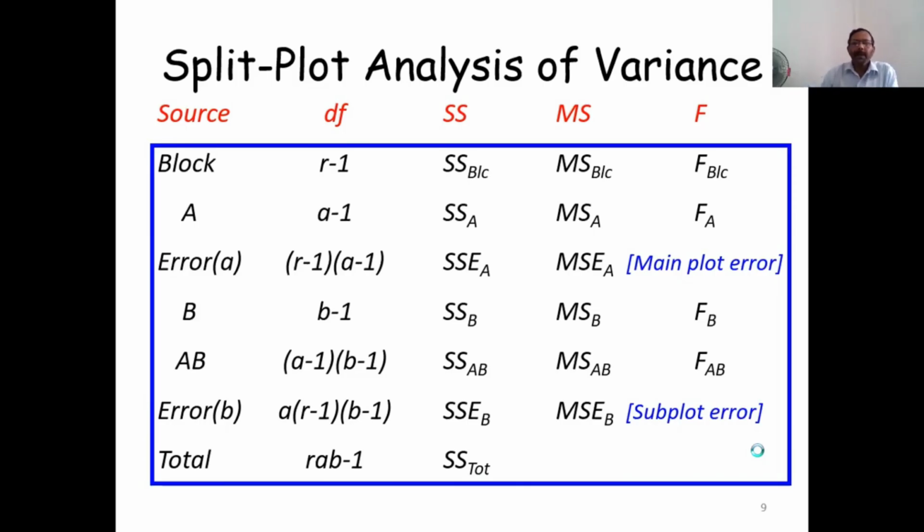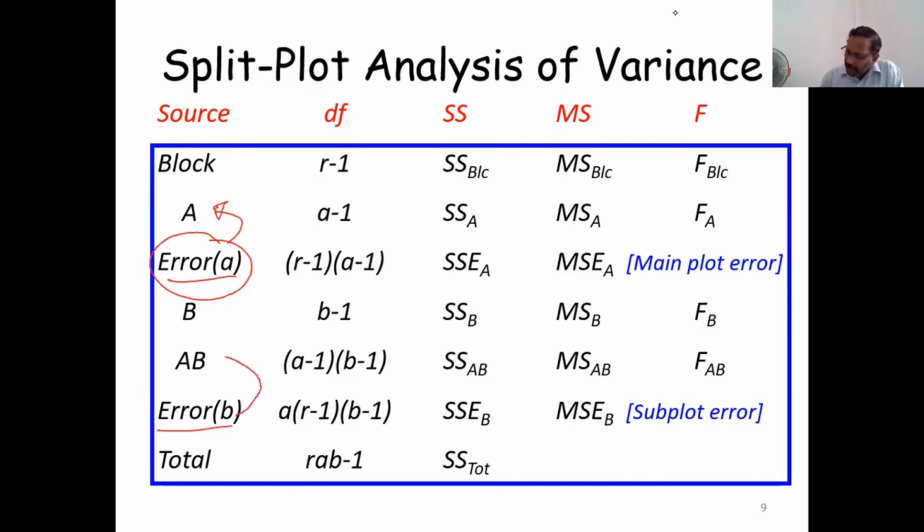Have you all written down? This is the summary. I'm going to give the notations now. In the slide, notations are not there. So here we have two factors, so two plot sizes. Because of two plot sizes, we have two errors, error A and error B. We use error A to test only the main plot.